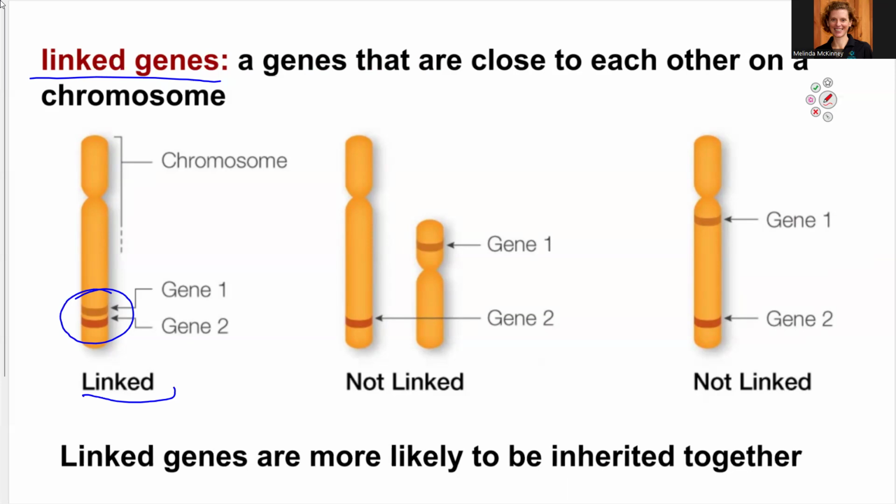But if the genes are really close to each other on the chromosome, the chances are that when they get swapped, they'll stay together. So if the genes are close, they're linked. If they're far apart, they're not linked, and so there's a good probability that they won't be inherited together just due to crossing over in meiosis.